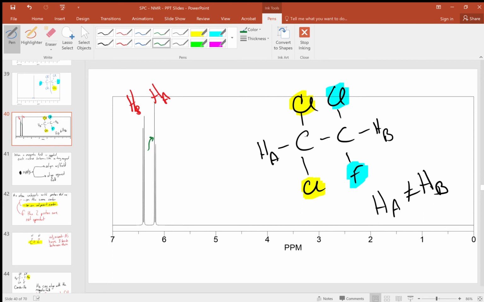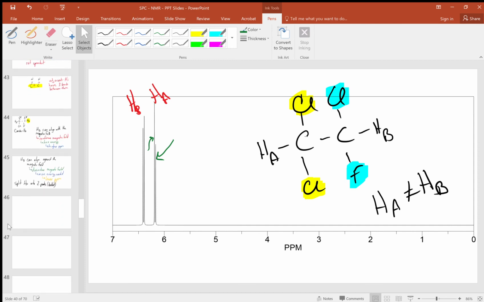When HB aligns against the magnetic field, we need more energy, and we move HA to lower chemical shift. And so we end up with two peaks here. The same thing happens for HB. HA can align with the magnetic field. HA can align against the magnetic field, which gives us two possible peaks for HB as well.